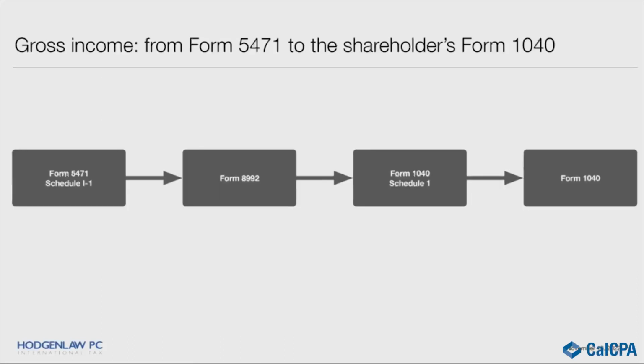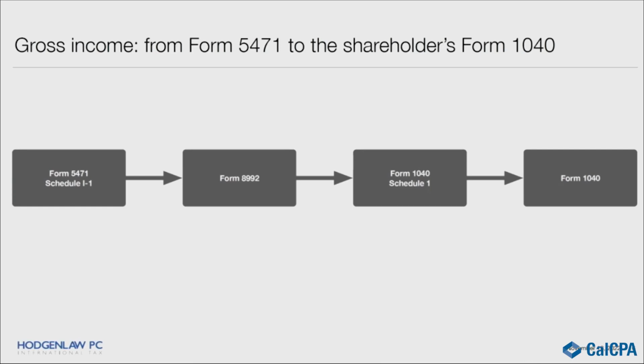shareholder. And the way it goes through is you start with this Schedule I-1, which computes the pass-through income, this tested income, which is massaged a little bit. And then that number goes from Schedule I-1 to Form 8992, which aggregates all of the gross revenue and all of the tested income and a bunch of fiddly other stuff.